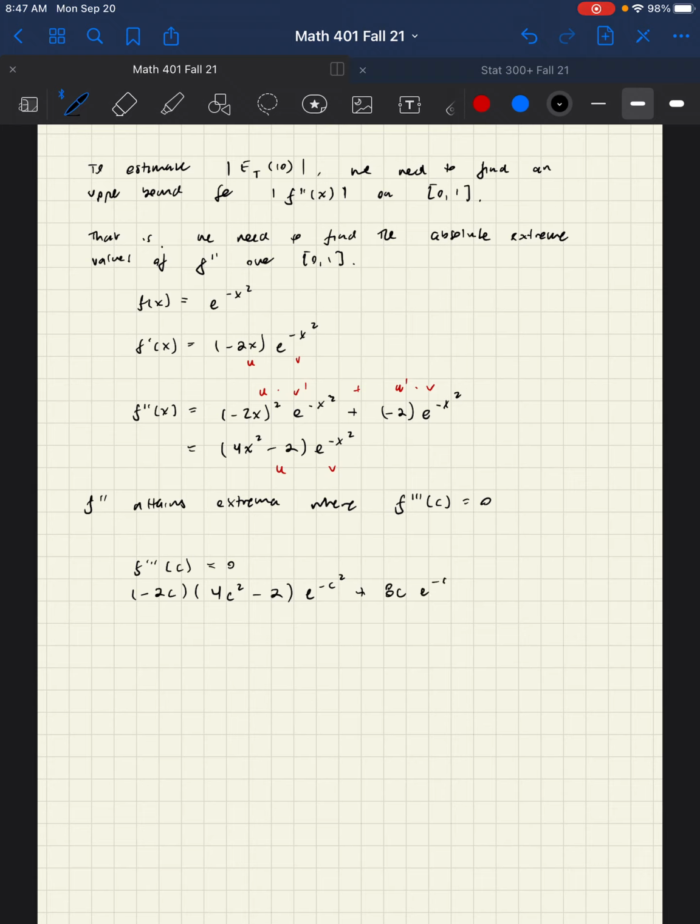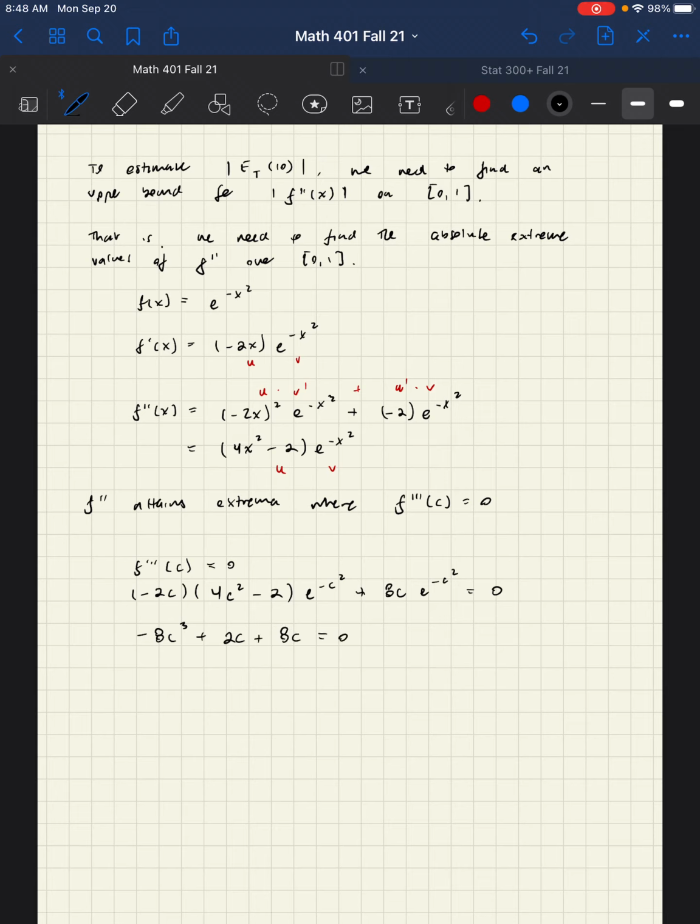Now, u prime times v, so plus 8c times e to the negative c squared equals 0. Okay. Now, if you factor out e to the negative c squared, that can never equal 0, so that's just going to go away. So we actually just end up with, you can distribute the negative 2c into that first set, basically do the first polynomial multiplication here.